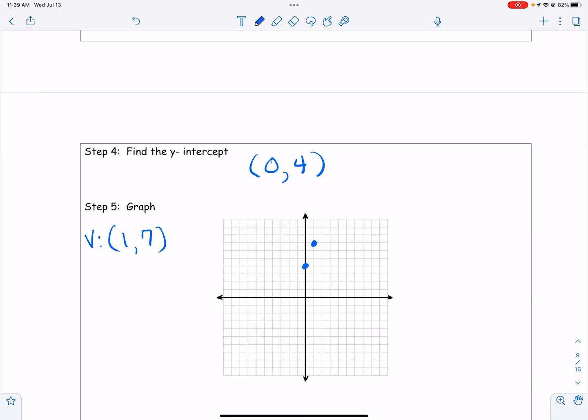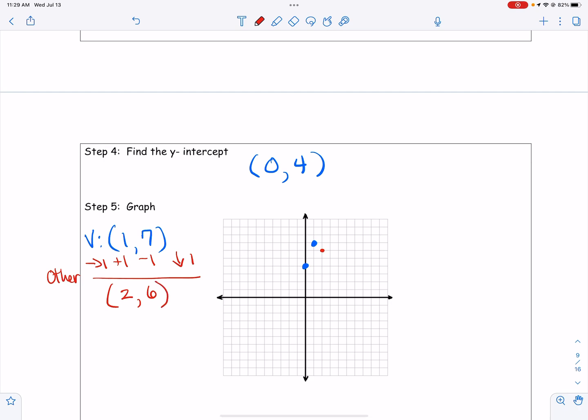So what I could do is figure out other points by going right 1 and down 1. So I'm going to add 1 here and subtract 1 here. So the next point would be (2, 6). 1, 2, 3, 4, 5, 6.